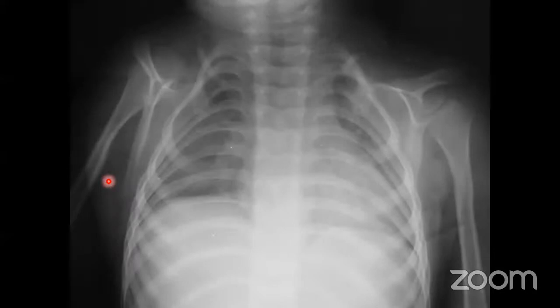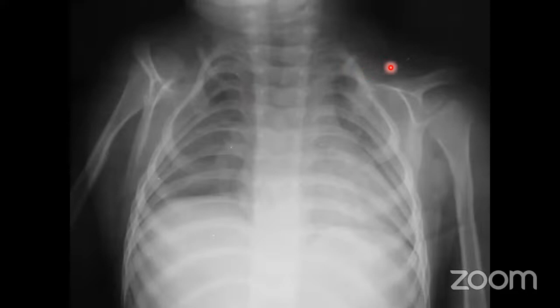Now this is the X-ray where you can see the lateral half of the clavicles is not visible, and the clavicle looks very rudimentary, and there is a chaotic rib configuration. So it is a thoracic dystrophy with some rudimentary clavicle.